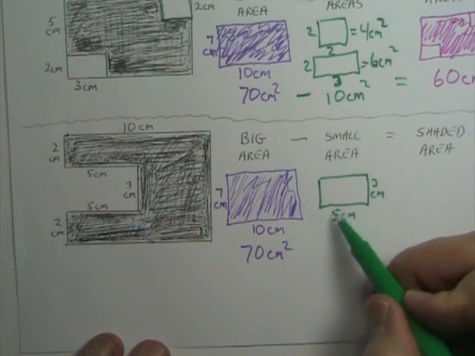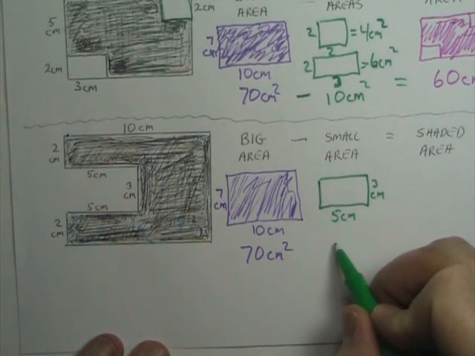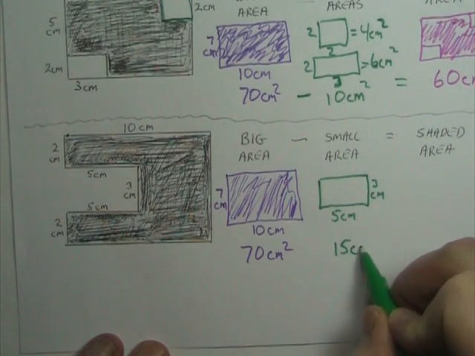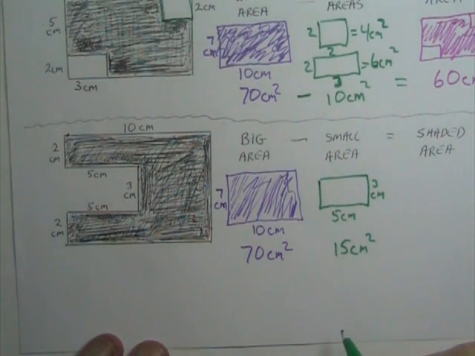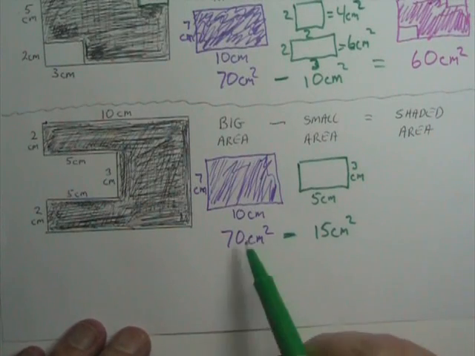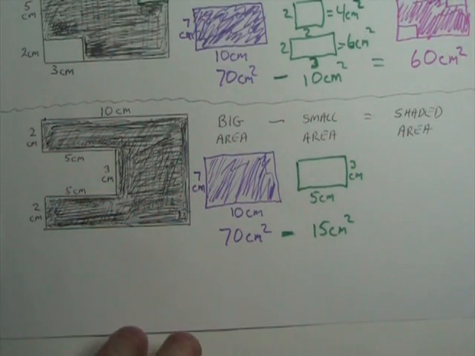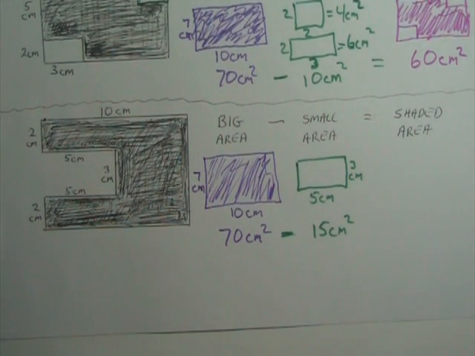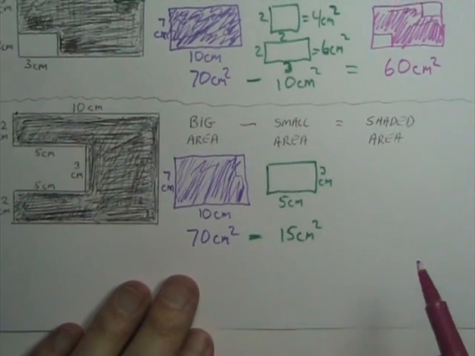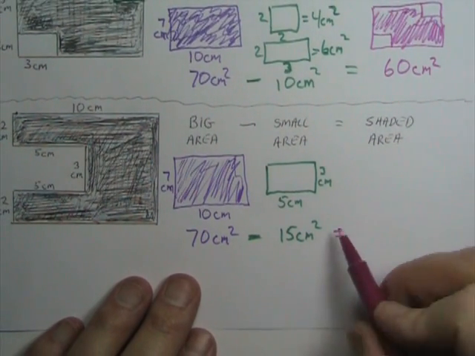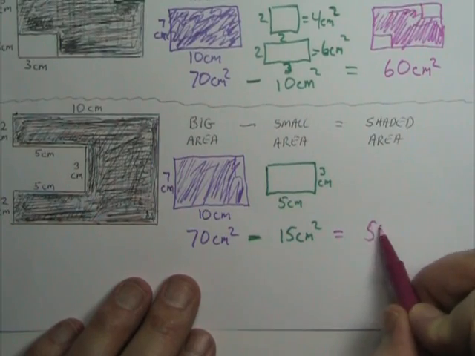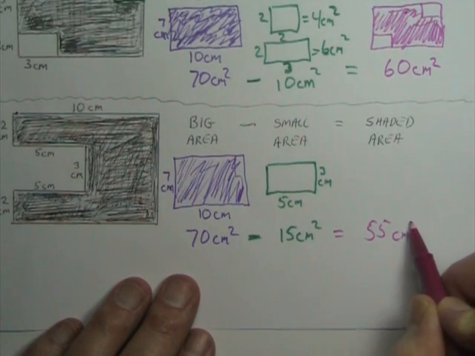Well, 5 times 3, that would make 15. And so 70 minus 15. So 55? 55 centimeters squared.